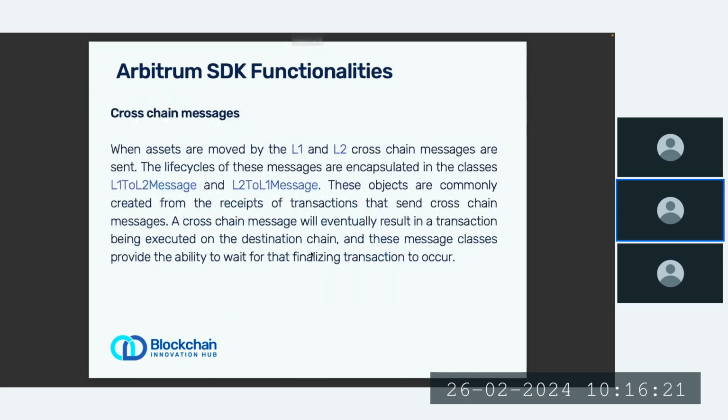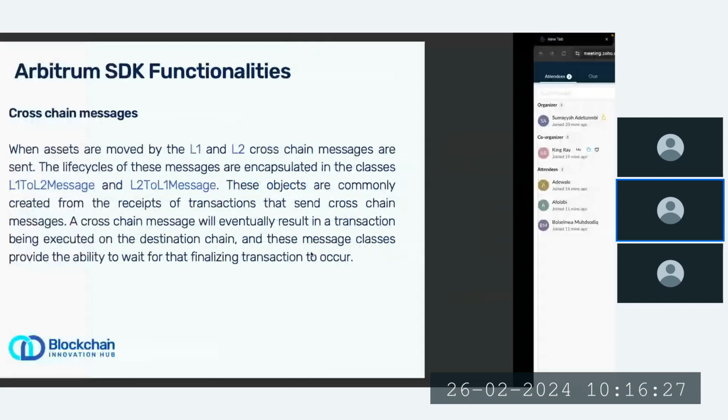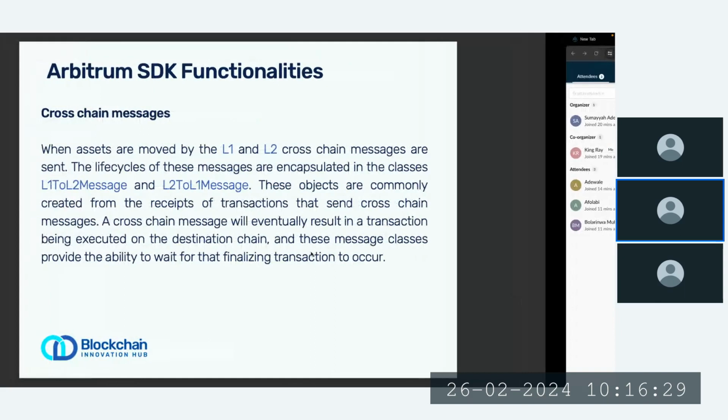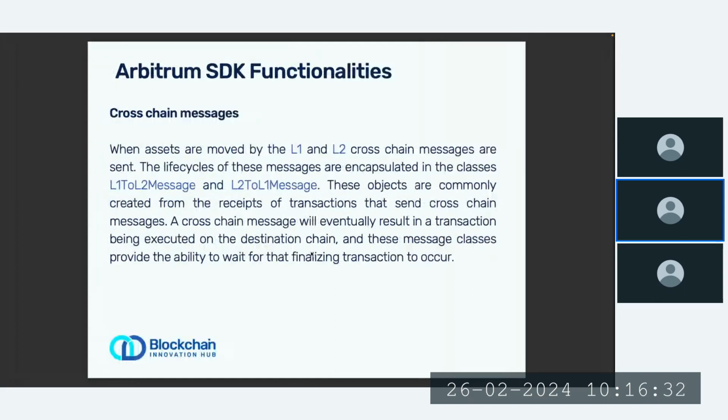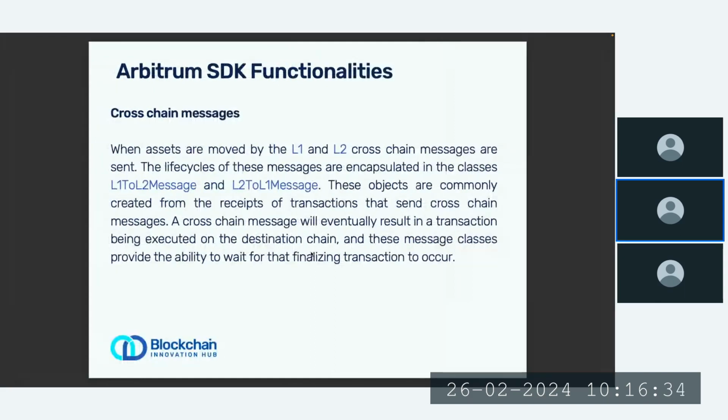Now we also have cross-chain messages. When assets are moved between L1 and L2, cross-chain messages are sent. The life cycles of these messages are encapsulated in the classes L1 to L2 message and L2 to L1 message. These are objects commonly created from the receipts of transactions that send cross-chain messages.